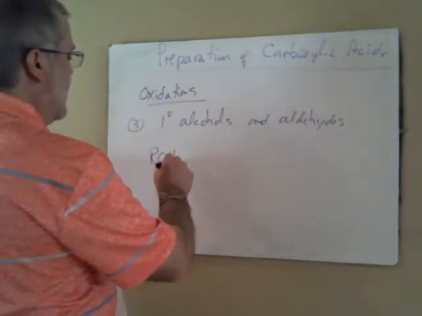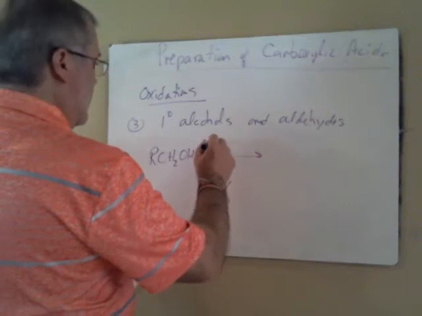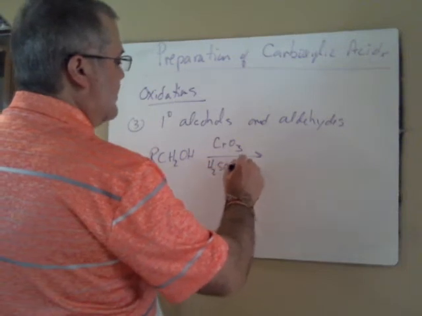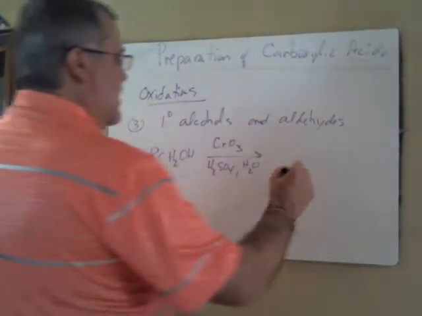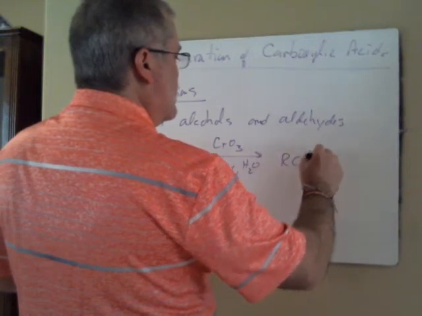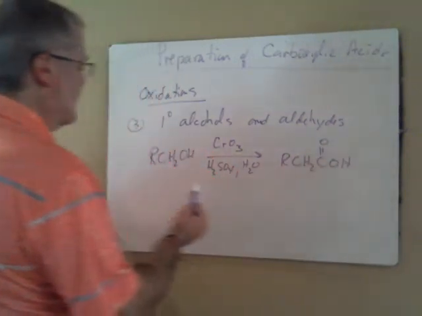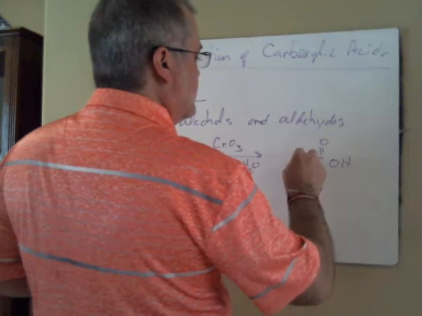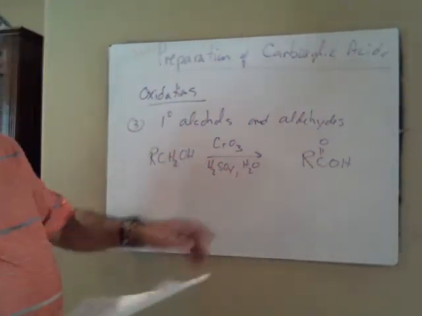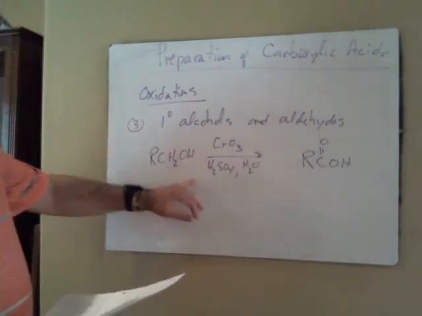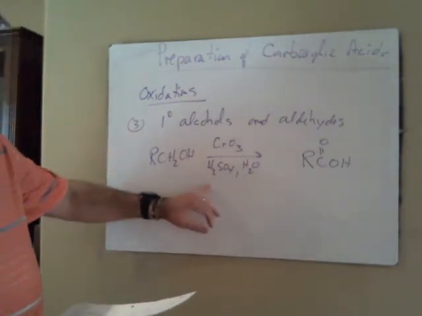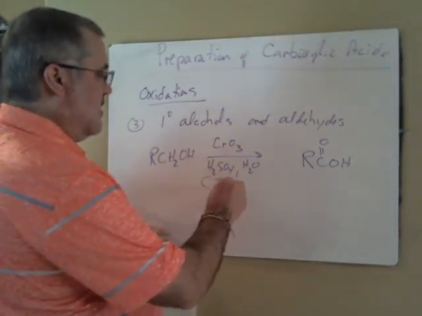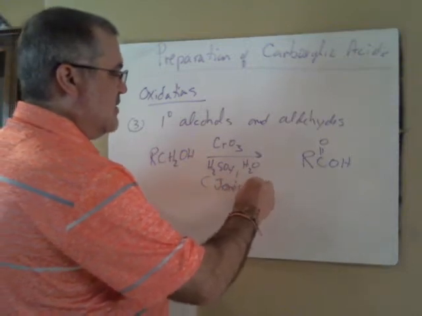So if you have a primary alcohol and you treat it with Jones's reagent, which is chromium trioxide in sulfuric acid and water, it will oxidize this all the way up to the carboxylic acid. Oops, I added an extra carbon there. Now, just write the word Jones's reagent here. You don't have to write out chromium trioxide, sulfuric acid.